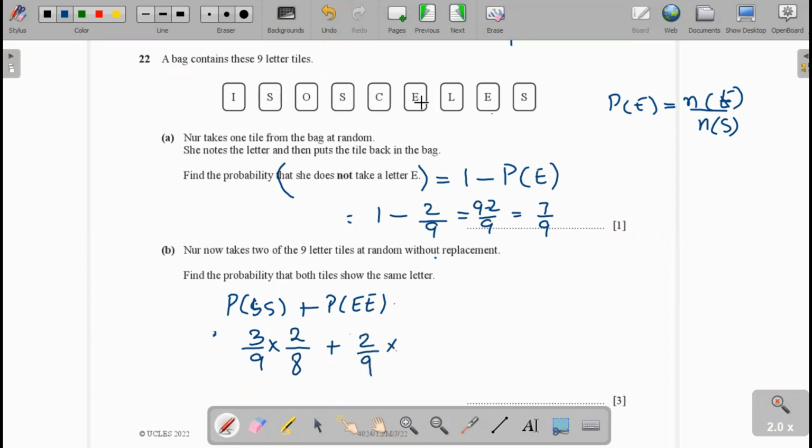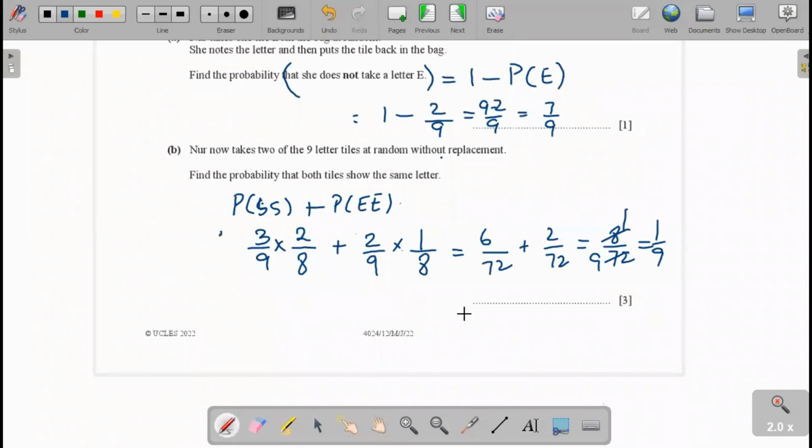Next, one E is taken already, therefore the total letter E will be 1 only and the total letters become 8. Now we write 1 over 8, therefore 6 over 72 plus 2 over 72 is equal to 8 over 72, that is equal to 1 over 9, and that is the answer of this question, 1 over 9.